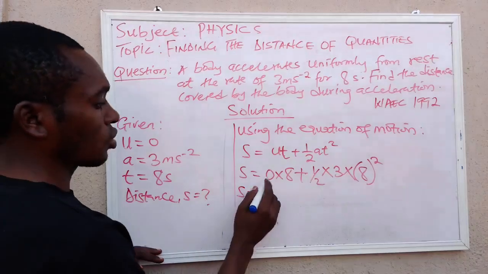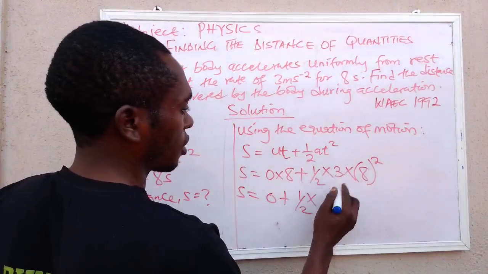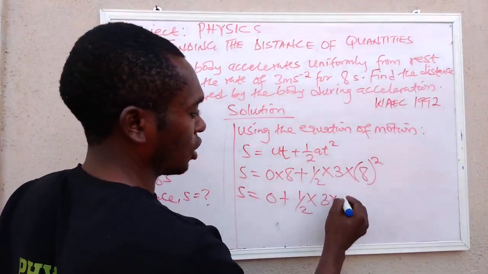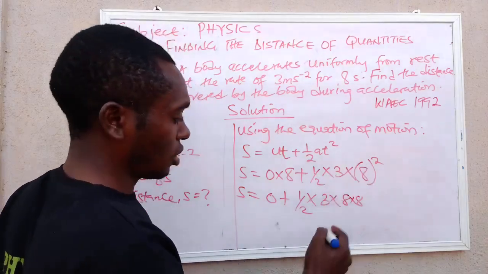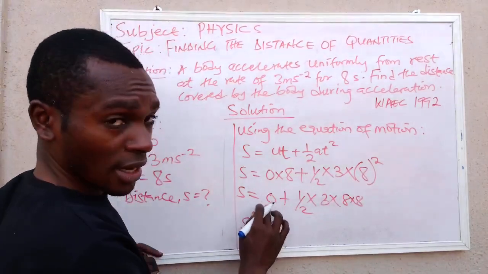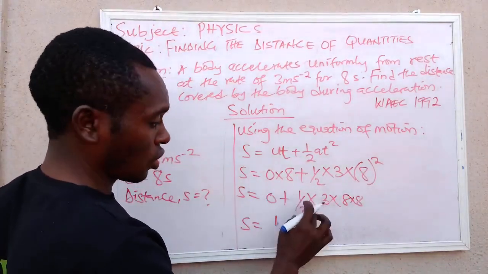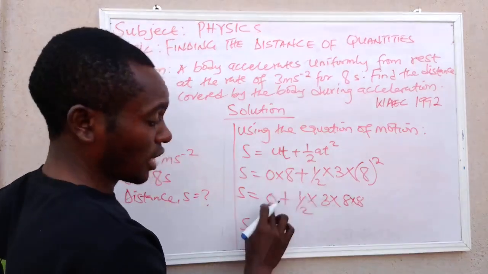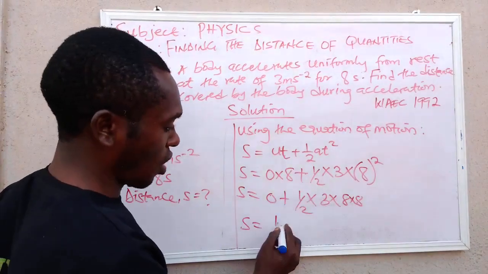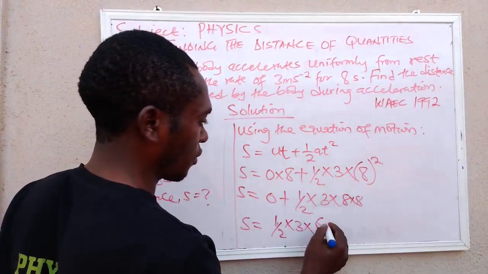So s is equal to 0 times 8, which is 0, plus 1 over 2 times 3 times the square of 8, which is 8 times 8, which is 64. For s, 0 times 8 is 0, so we can eliminate this, with no need of writing the plus either. So we just have 1 over 2 times 3 times 64.